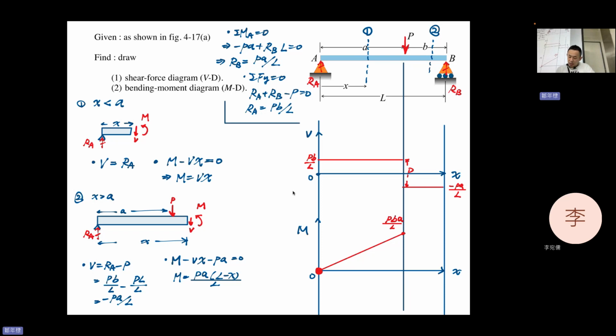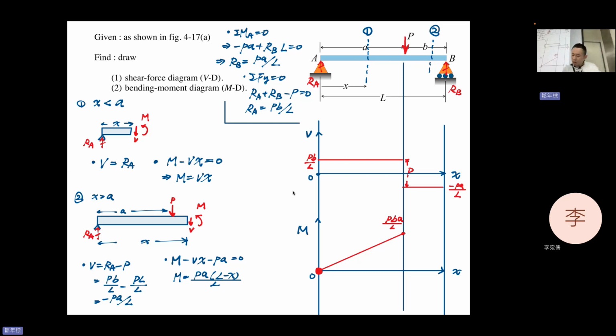Right. Next one. M equal to PA times (L minus x) divided by L. Wow, this is a little bit too much, right? But don't worry. Let's just examine the function.